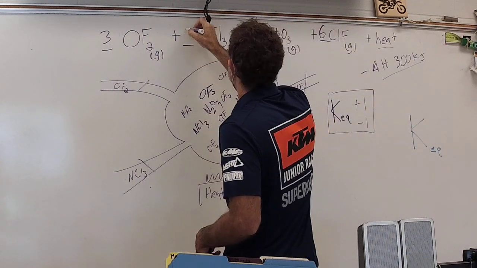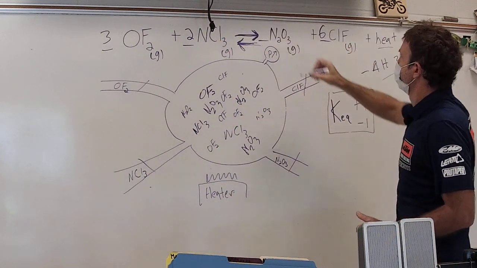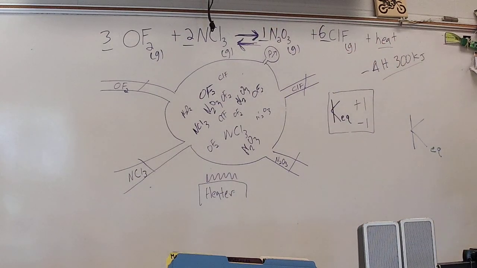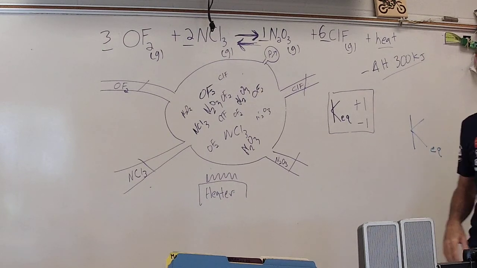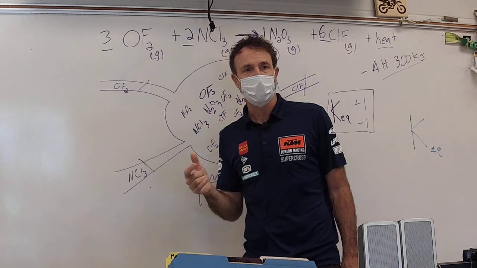Oh, 2. Yes. All right. 3, 2, 1, 6. Everybody like that? Everybody present in the class, can you check on that for me? Okay, so this equation is balanced. I had to balance it to answer the next question.